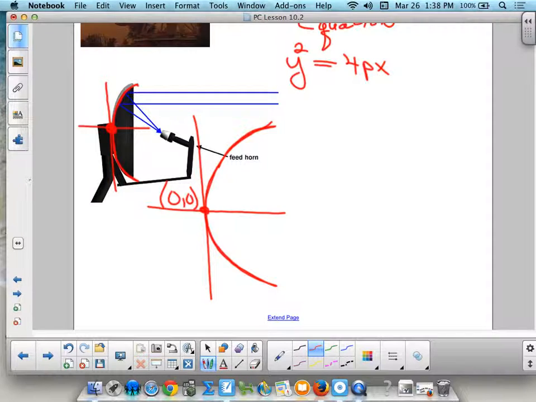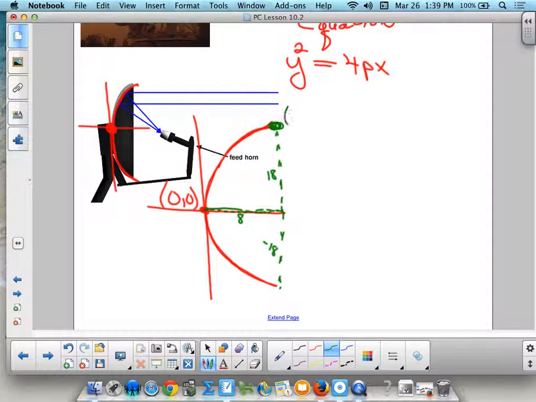Now, they did say the parabola is how wide? 36 inches. So from there to there is 36 inches. And then they did say it is how deep? 8 inches. 18 going up, 18 going down.